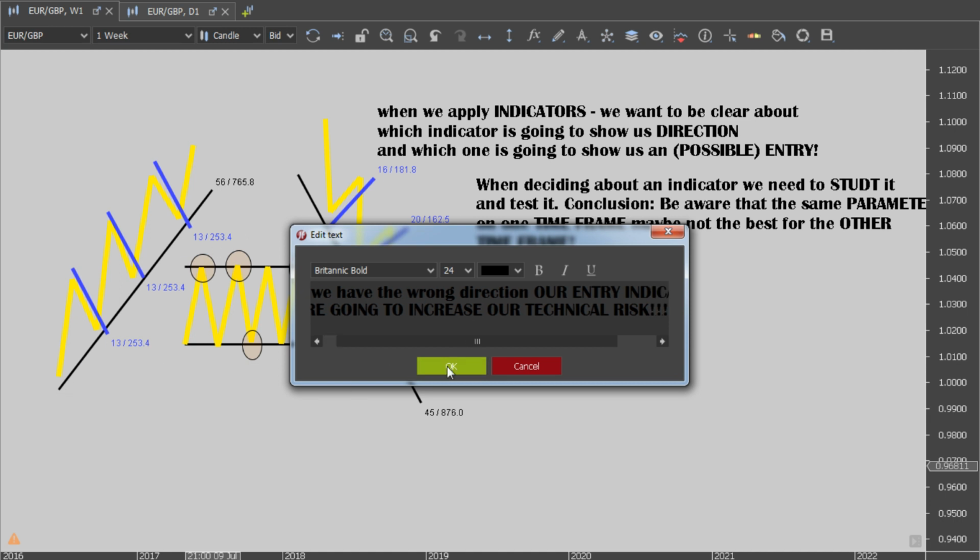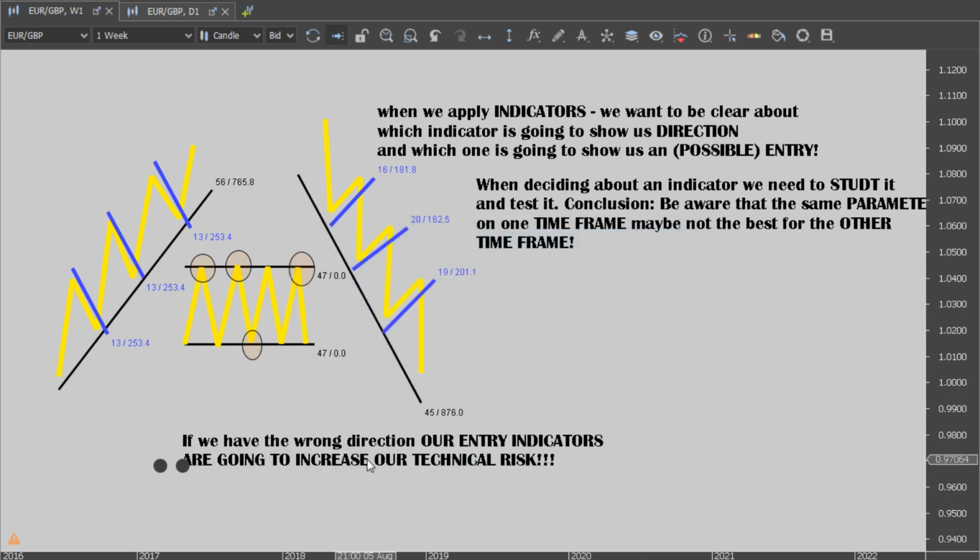Okay, everybody, this is the lesson today. If we have the wrong direction, our entry indicators, like the parabolic SAR, like the RSI, like the MACD, like the Stochastic, and others that I don't know, these indicators are not going to decrease, these indicators are going to increase our technical risk. Okay?